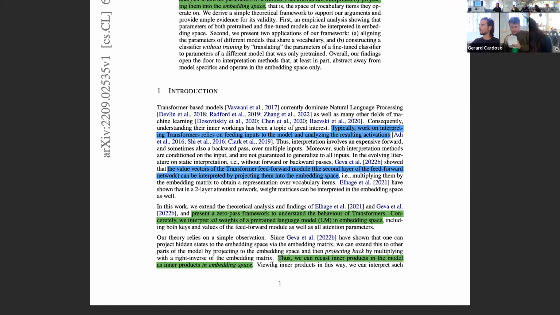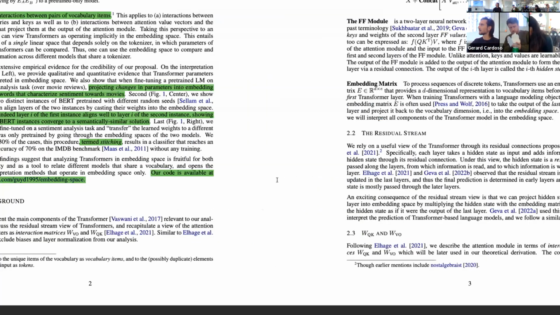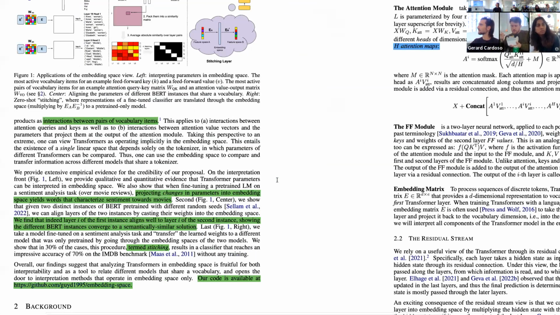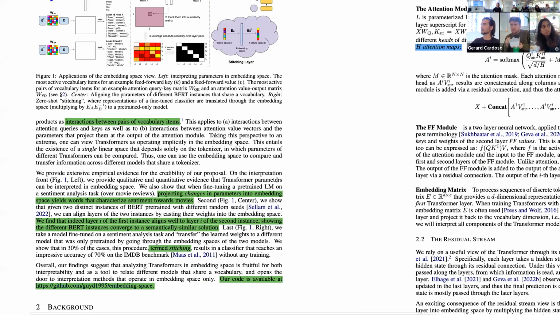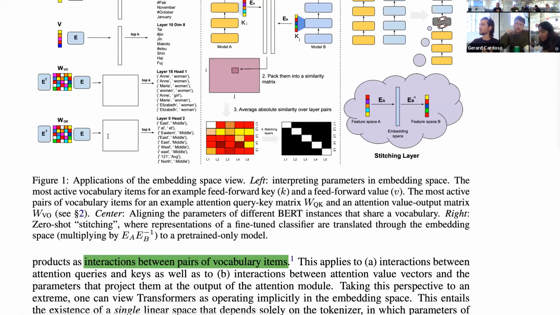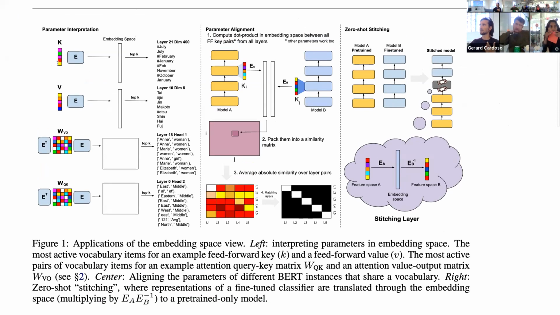So for example, if we consider the attention, if you look here on the left, you have feed-forward layers where you have the hidden states, and you can project them using the embedding space.